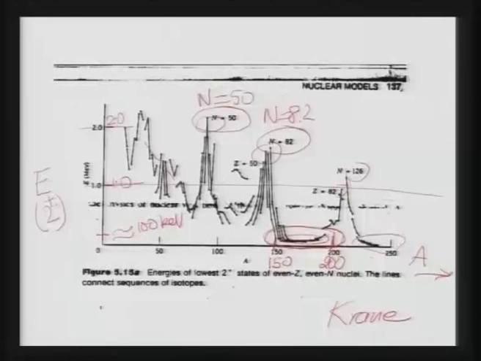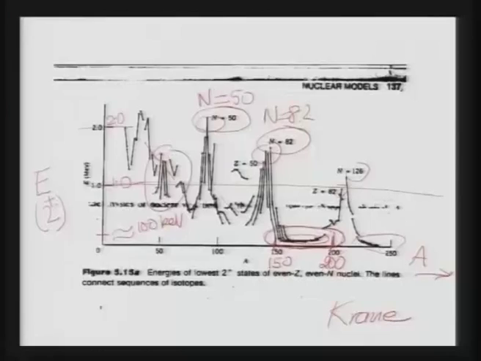So, all these even nuclei, you can see how many of them are shown on this graph, maybe hundreds of them. Here is a nucleus, here is a nucleus, here is a nucleus, here is a nucleus. So, in this much of area I can see 1, 2, 3, 4, 5, 6, 7, 8. So, in this whole diagram that is drawn, hundreds of nuclei are there, and for all of them the first excited state is 2 plus, and the energy is around, if I take this average line, say 1 MeV.